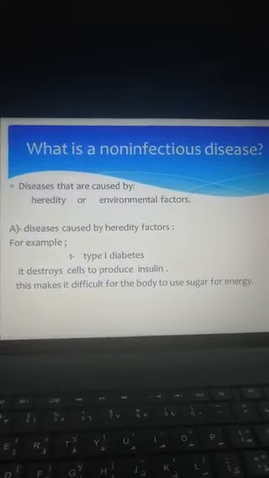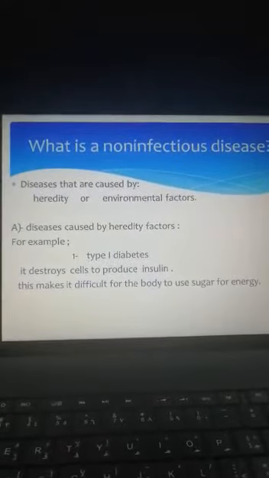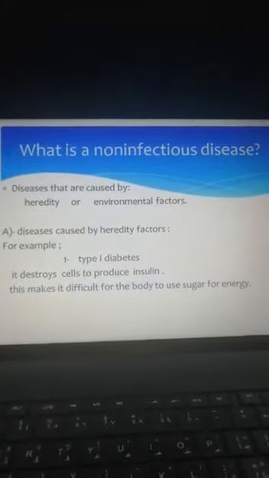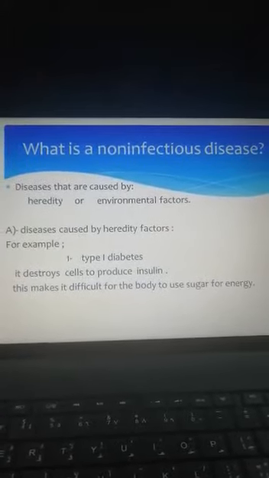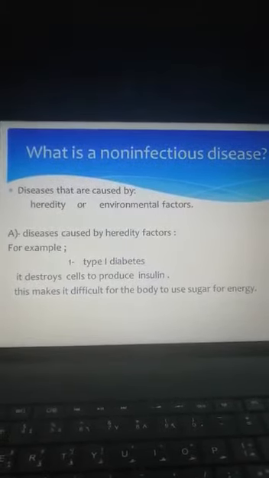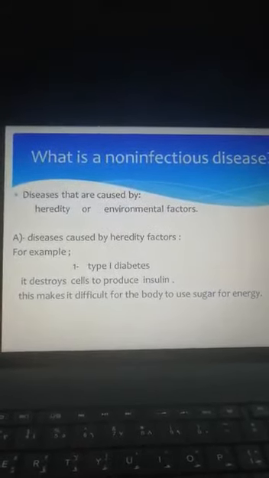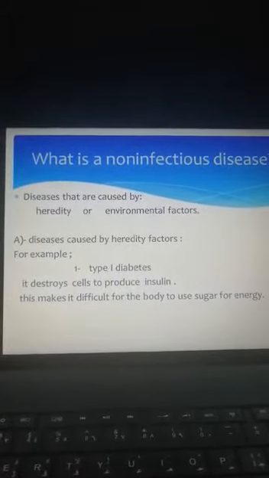Non-infectious diseases are diseases that are caused by heredity or environmental factors. Let's talk about diseases caused by heredity factors. For example, type 1 diabetes.